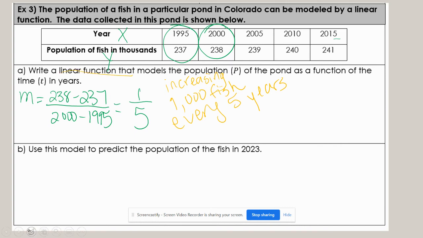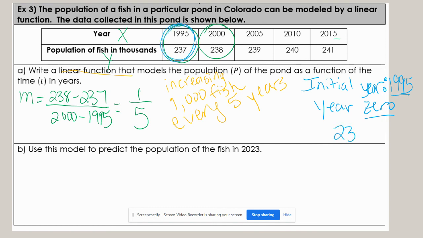So the only other thing we need is a y-intercept. And so here's what we need to discuss. We have an initial year. The year we first started counting was 1995. And so this is going to be year 0. Year 0. So if year 0, our initial year is 1995, and 1995 was 237,000, then this is going to be our y-intercept.